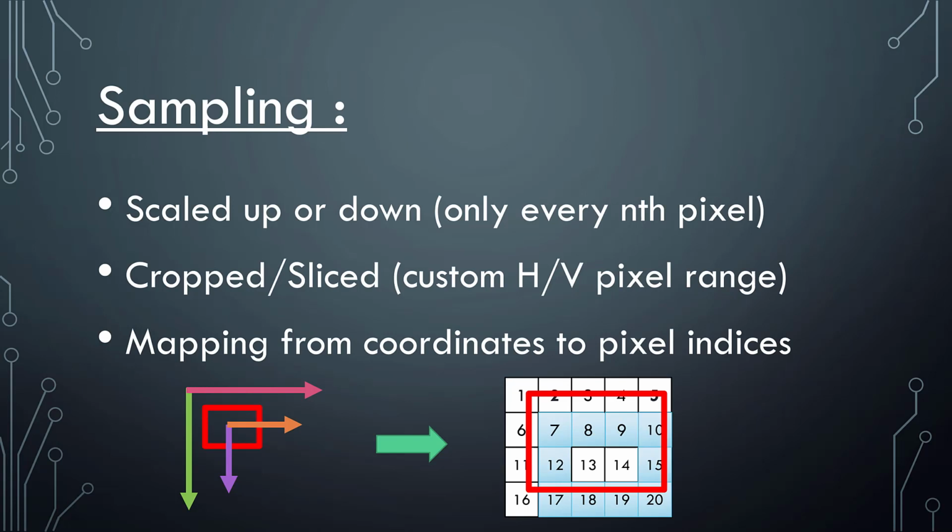Another way of sampling is to start with some abstract coordinate system representation, and with some scheme, which could be different schemes, map that to coordinates in terms of pixels, because the thing you start off with may not be in terms of pixels.